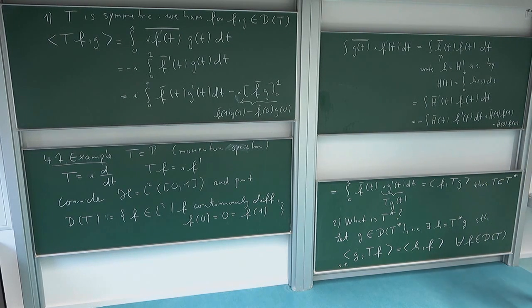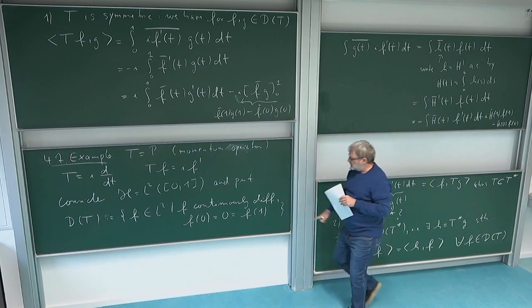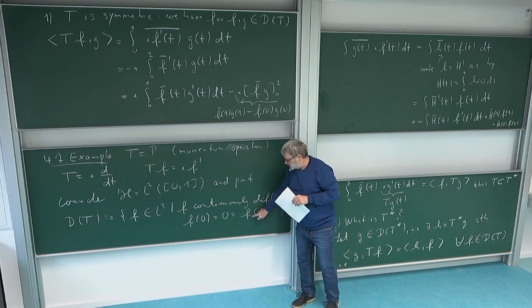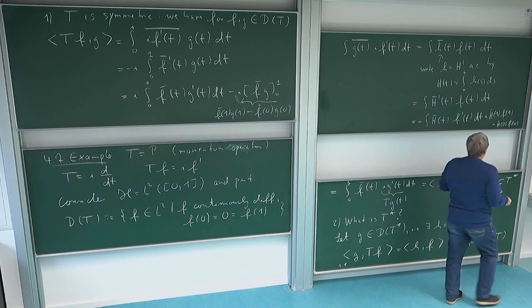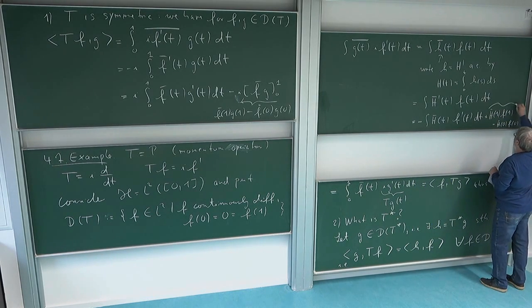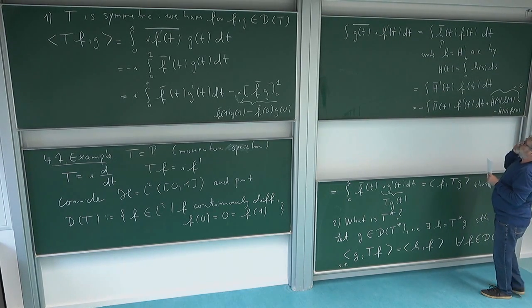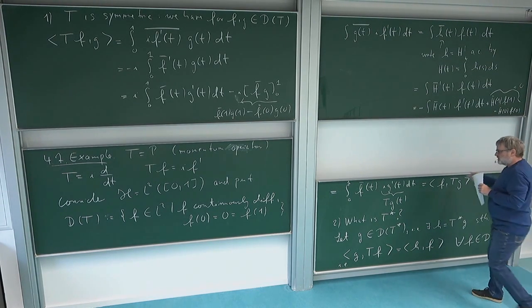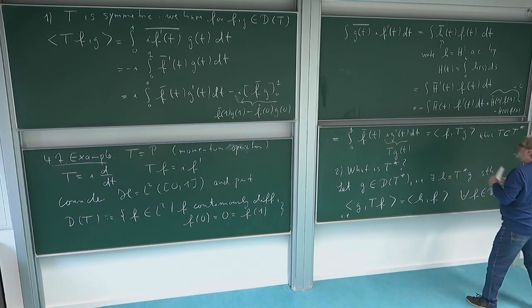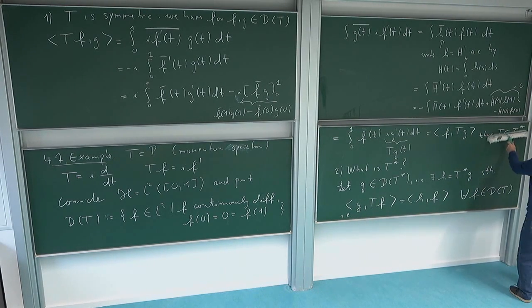And f now is in the domain of my operator, so that's the functions for which I require those boundary conditions, so f of 1 and f of 0 are equal to 0. So these boundary terms again go away, and now I really have moved the derivative just to the other side without having any additional terms. So maybe let me continue here.